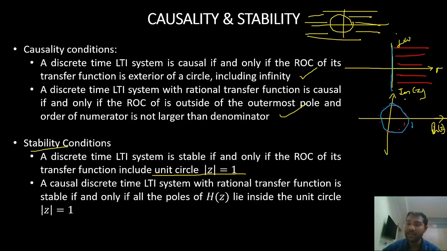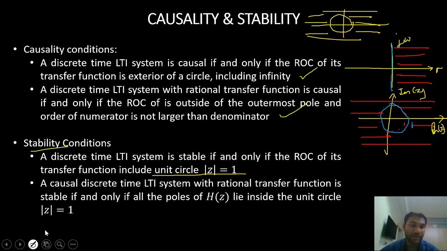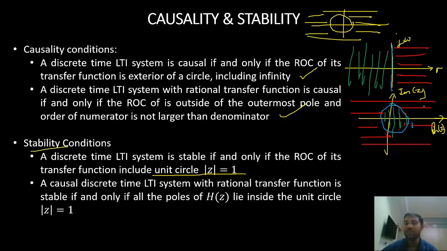The right hand side corresponds to the outside of the circle, and the left hand side of the S domain corresponds to the inside of the circle. So this is the Laplace domain, S domain, and this is the Z domain.